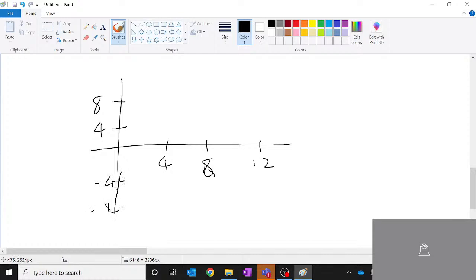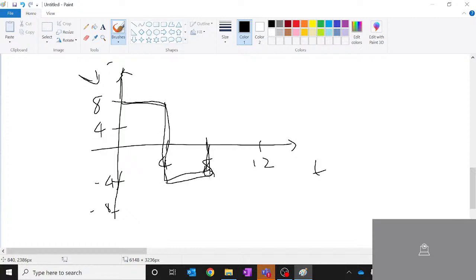Now assume this is v and this is t as usual. The x-axis represents time, whereas the v-axis represents velocity. Now tell me if I have a graph like this.